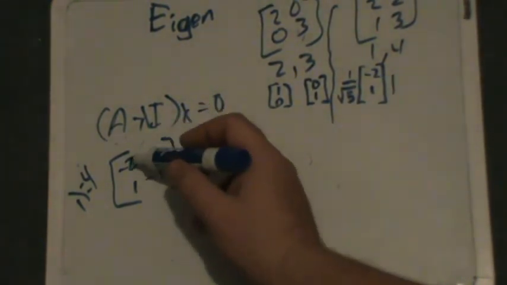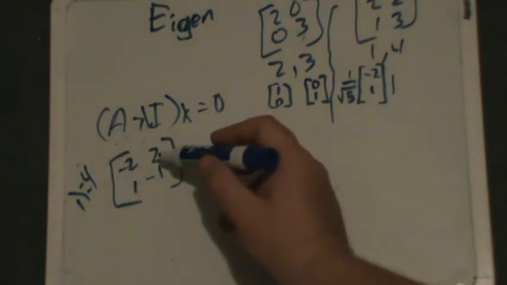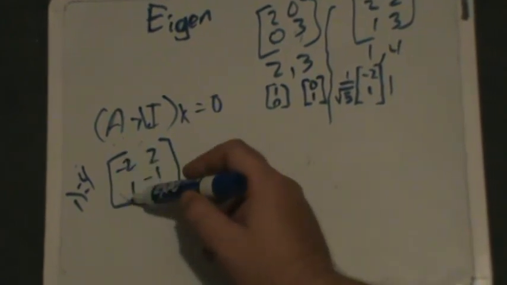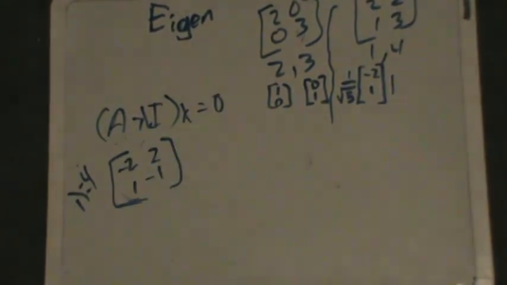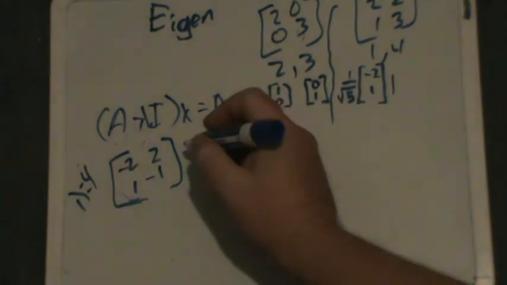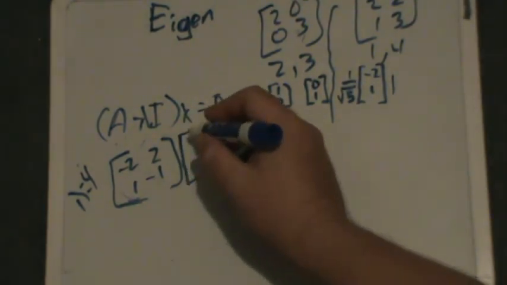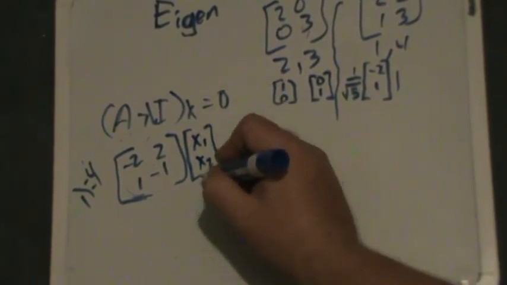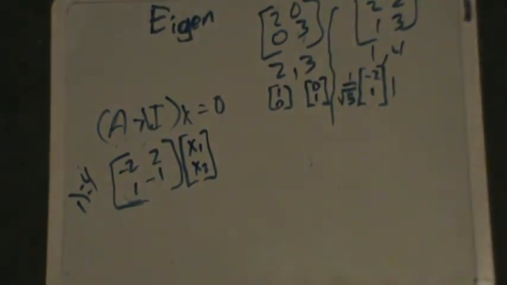And you'll notice that if I take this row and multiply it by minus a half, I get this row. Or you could think if I take this column and multiply by minus 1, I get this column. So again, they are multiples of each other. They must be multiples of each other. If that does not happen, if they are not dependent on each other, then you didn't have an eigenvalue.